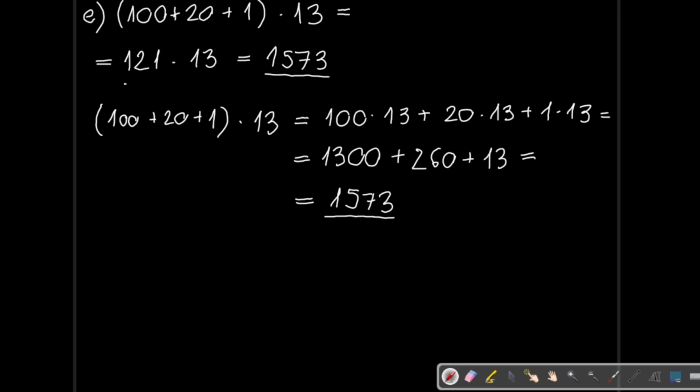We needed to do a difficult multiplication here, while right here the multiplications were simpler, but we needed to do 3 of them. And then the addition here was kind of tricky. I kind of liked the second way better.